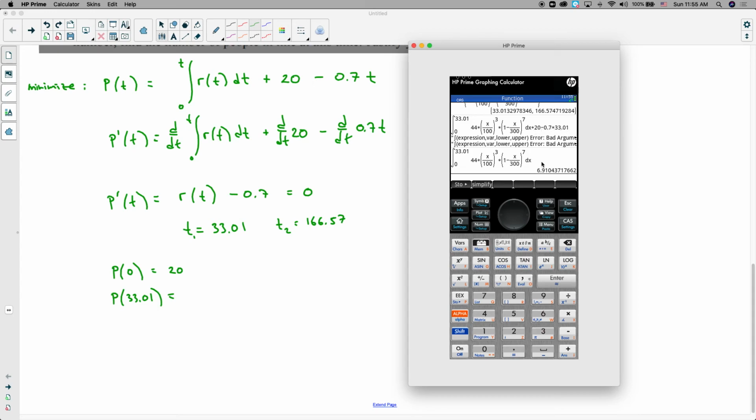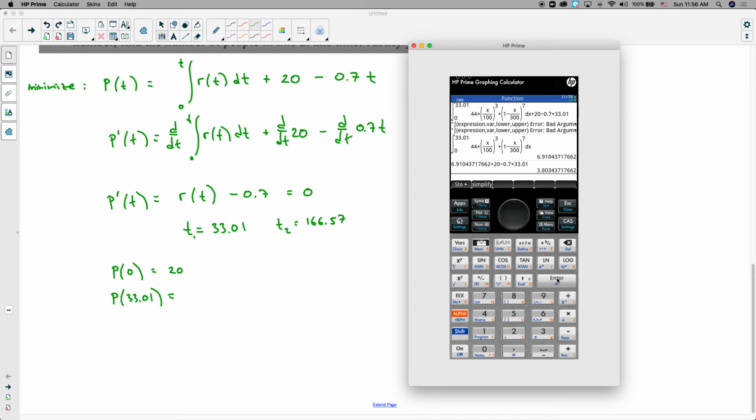You can see what I've done. Well, I took a little pause there. I just copied this and deleted a bunch of it, but then there's the integral. So then to this number, copy that, and then I'm going to add my 20 and subtract my 0.7 times 33.01.